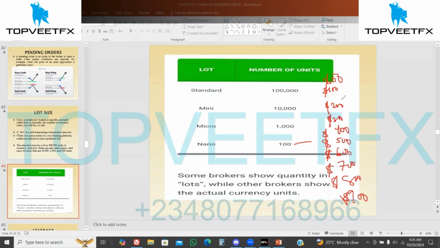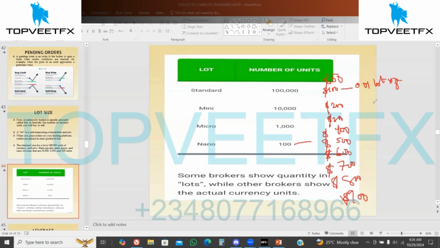Now, normally, if you want to trade, let's say $100 is your balance. And if you want to use any lot size, you are not supposed to use more than 0.01 lot size on your trading account.